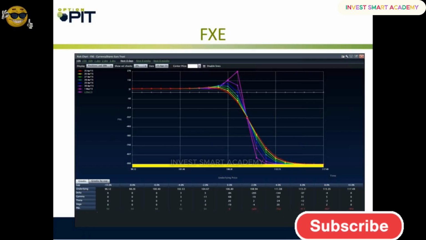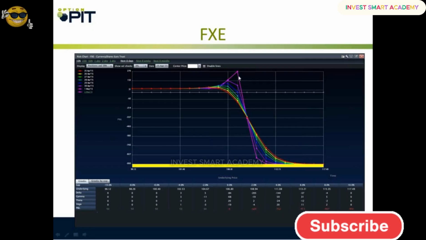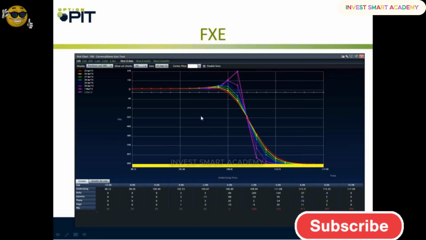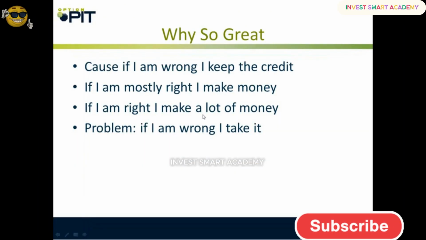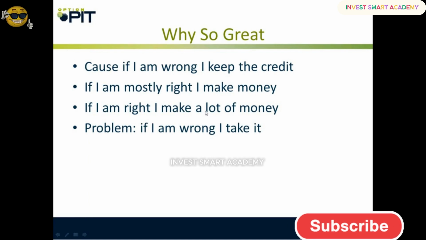And I can manage that delta, again, by covering some of these shorts. All right, so I love these because if I'm wrong, I keep the credit, and if I'm mostly right, I make money.